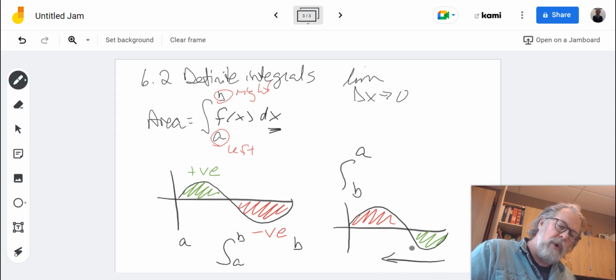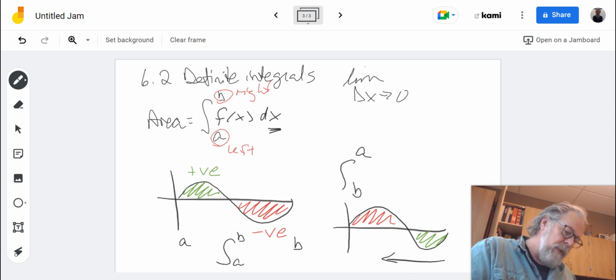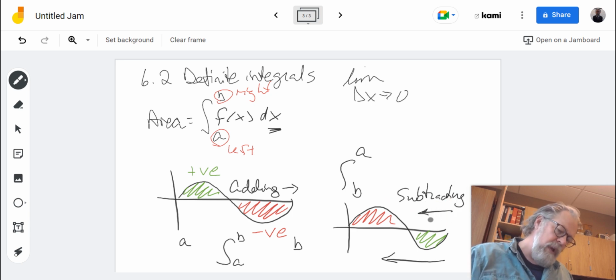So I am subtracting that area instead of adding that area. So I'm adding area as I move to the right. I'm subtracting area because I am moving to the left.